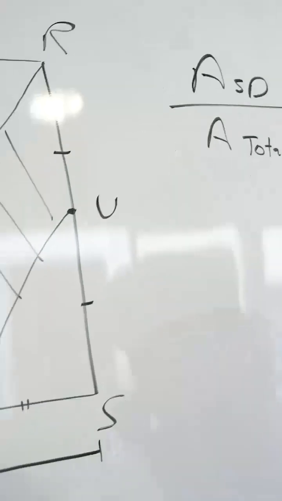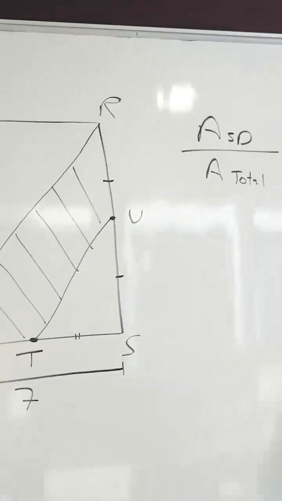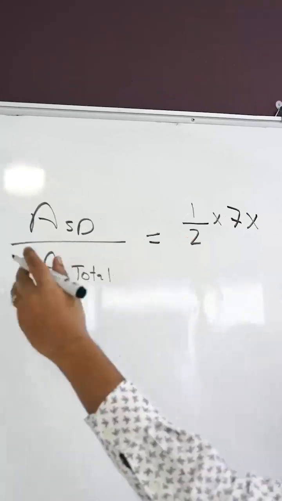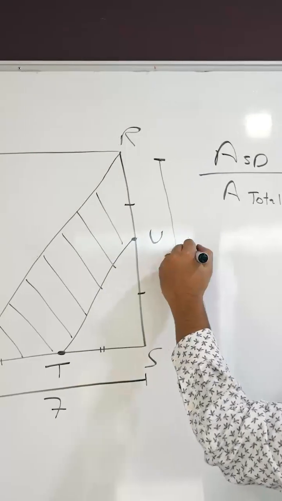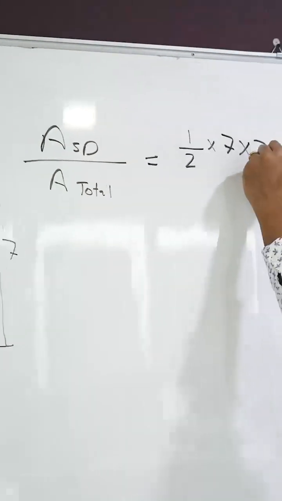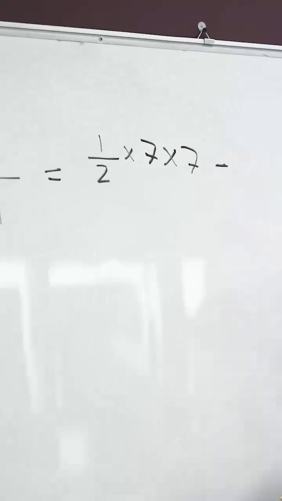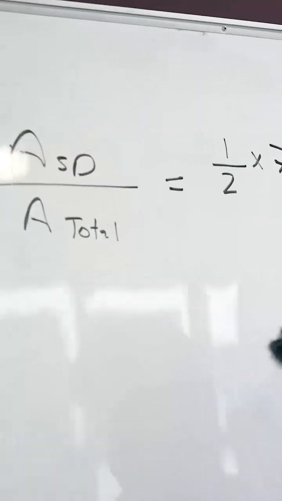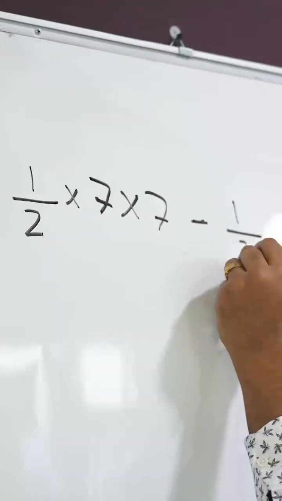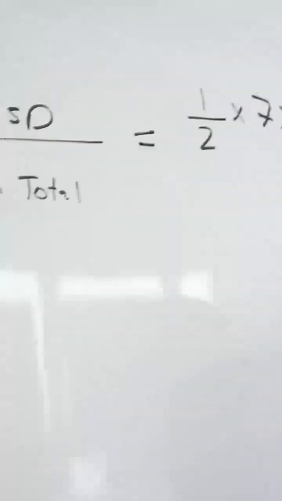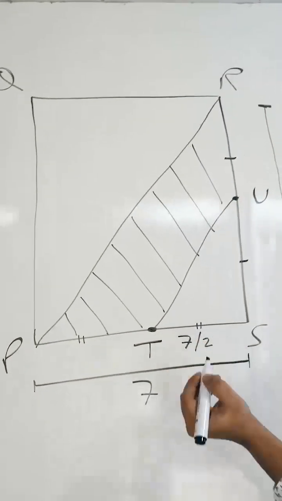Now, the base for the bigger triangle is 7. And what is the height of the bigger triangle? Obviously, because it's a square, the height is also 7. That's the area of the bigger triangle. Now I subtract the area of the smaller triangle, which is TSU, that is half into base. Since it is the midpoint, the base is 7/2.